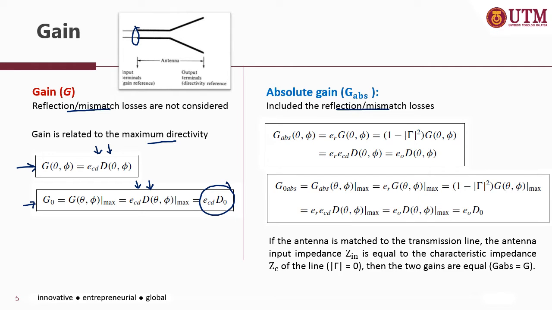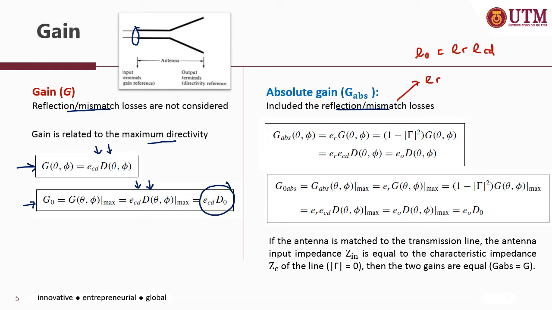While for the absolute gain, it's more or less the same equation. However, in this case, the reflection mismatch ER is considered. If you still remember, the total efficiency is equal to ER multiplied by ECD.